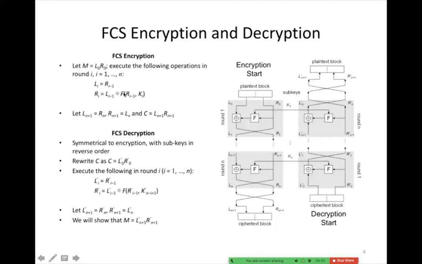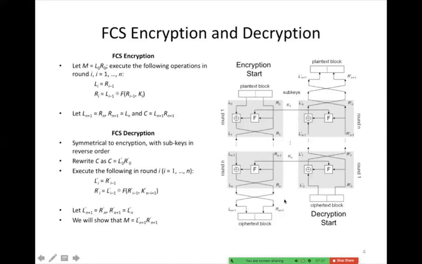Now remember, any function f will do. Okay, so you do this n times, and you get L sub n and R sub n. Now you swap these two, and you get L sub n plus 1 and R sub n plus 1, and that is your cipher text. So now let's look at the diagram.